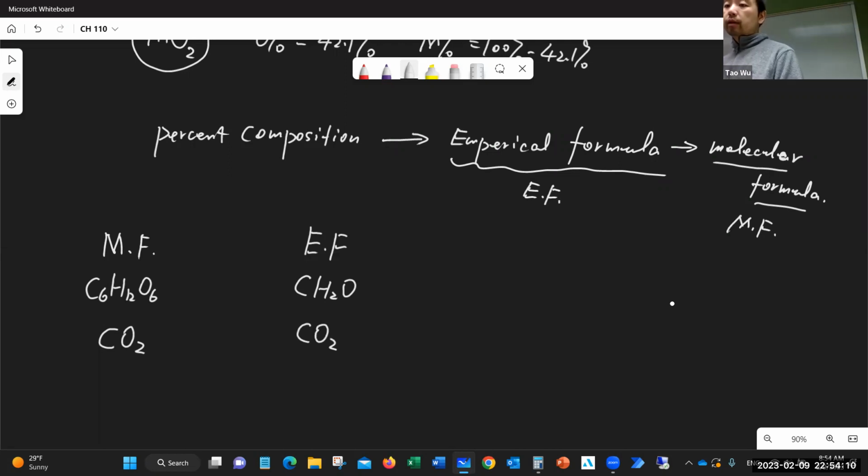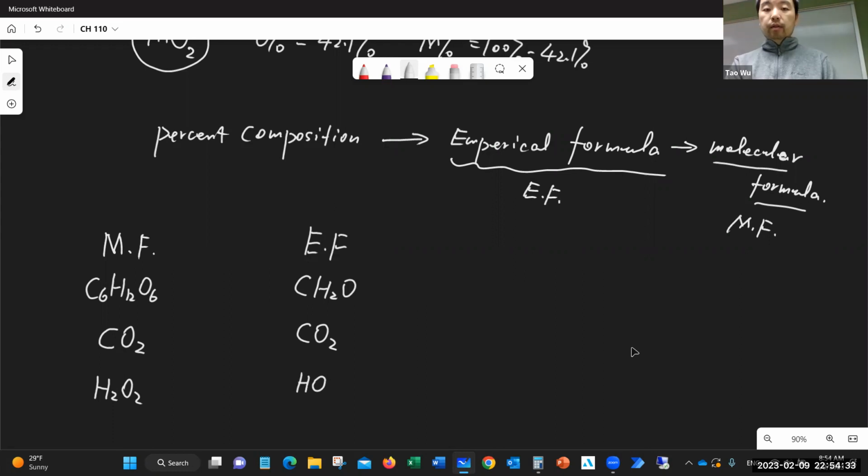Molecular formula H2O2, this is the peroxide, hydrogen peroxide. And then the empirical formula will be just HO.